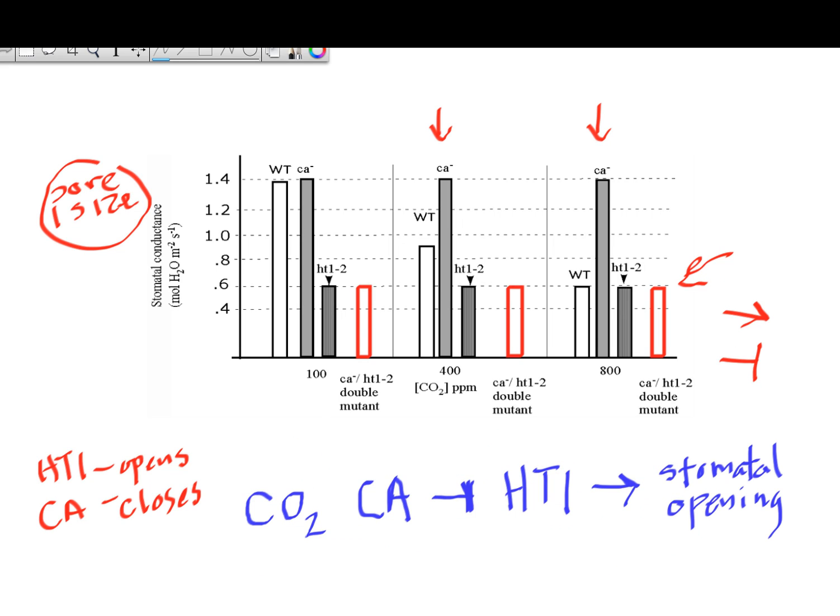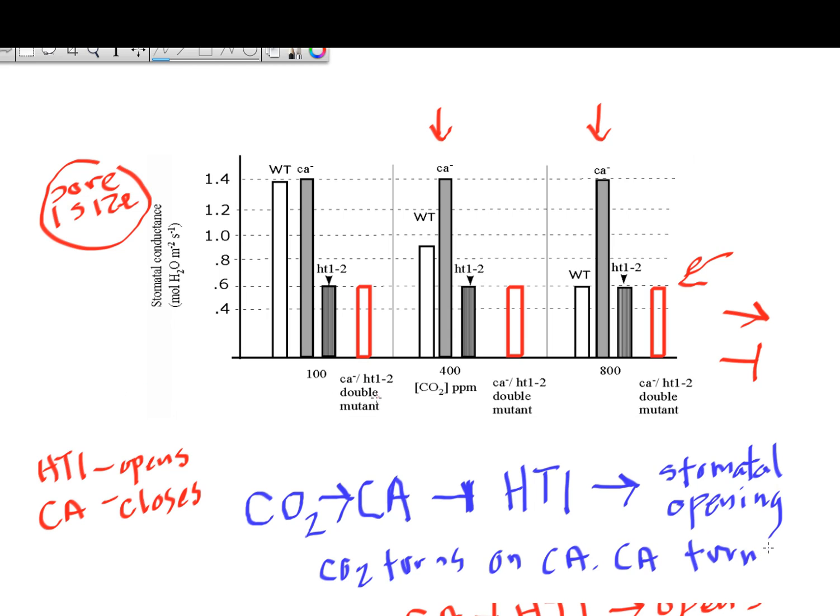So if this is the pathway, CA blocks HT1, which opens stomata. What's the relationship of carbon dioxide level to that pathway? Okay, when carbon dioxide levels get high, in a wild type plant, remember, stomata close.